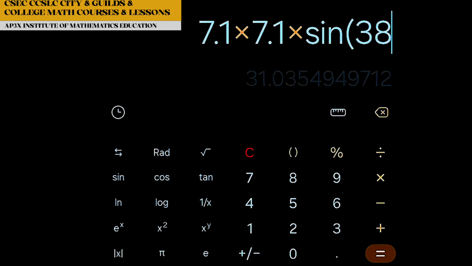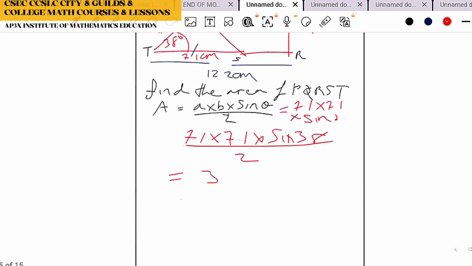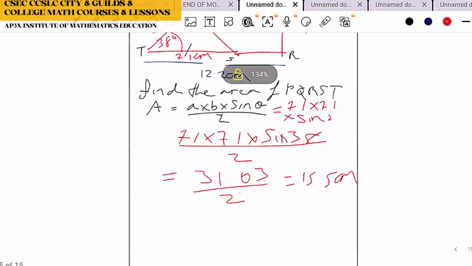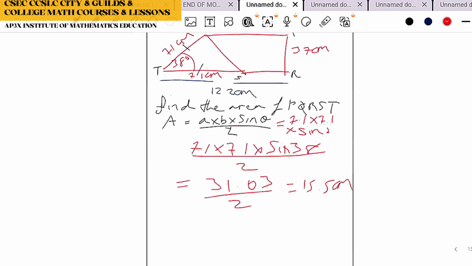Divide by 2. 31.03 divided by 2 is equal to 15.5. All right, very good. Abigail, see that now? That formula you gave us earlier was the formula to find the triangle. Okay, got that, Abby? Yes, sir.